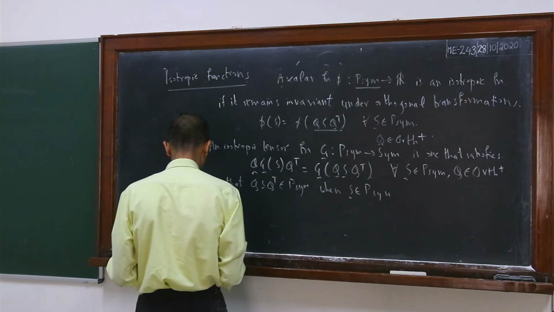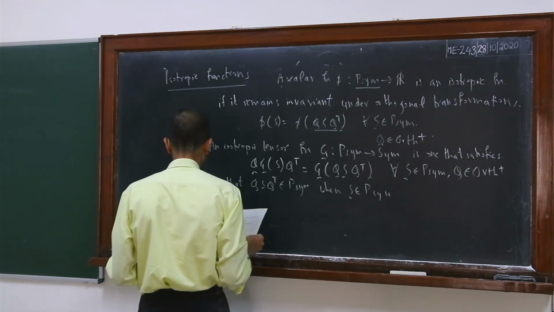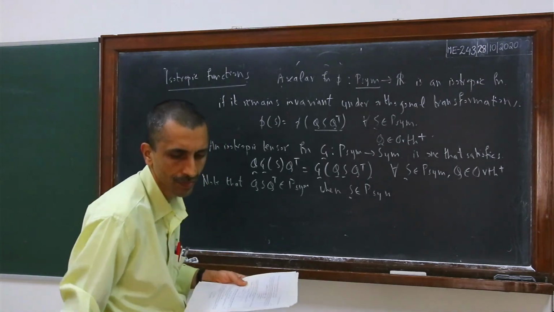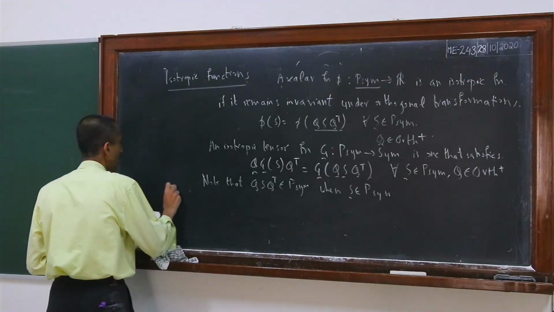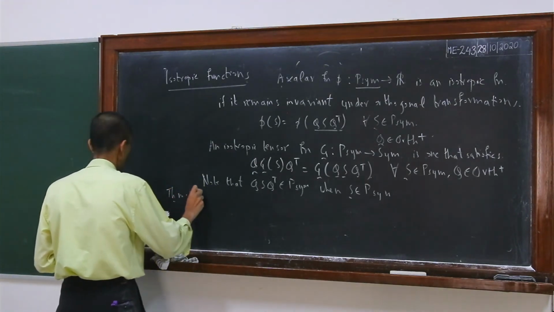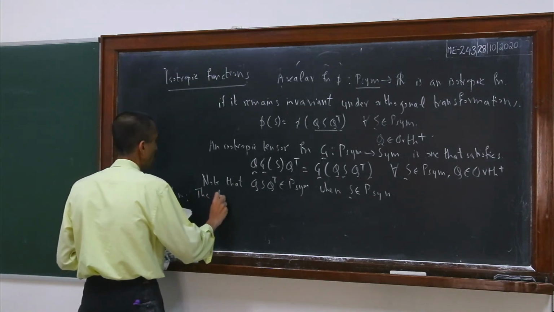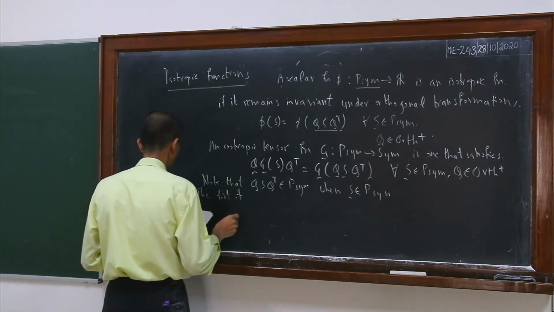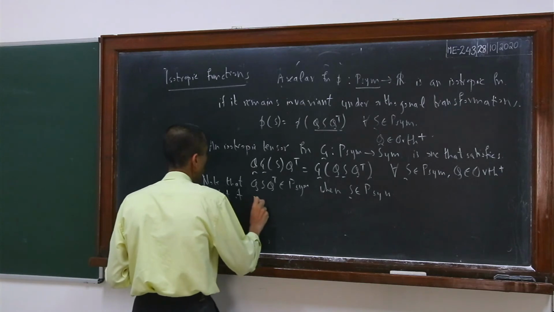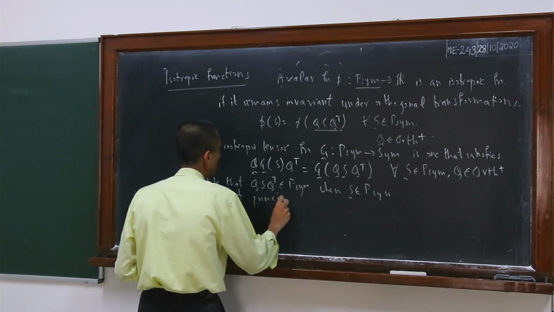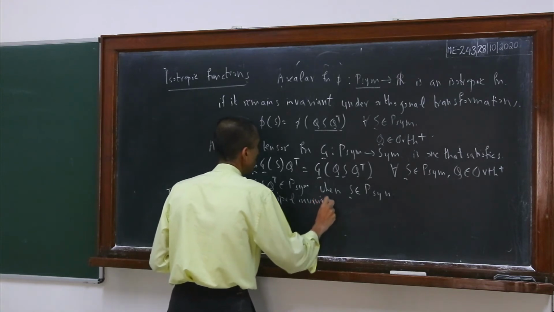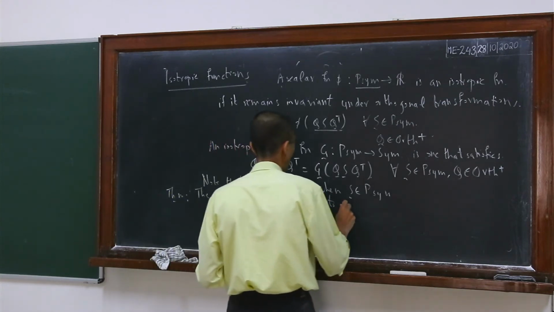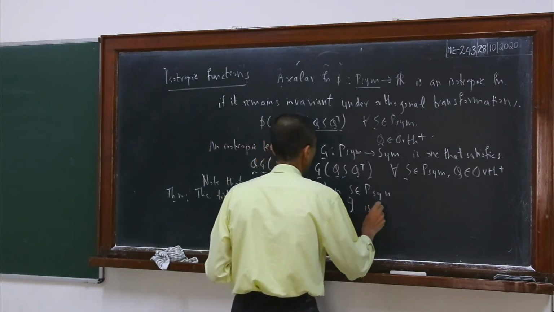Okay, so let us first show that. The theorem: the list of principal invariants I is isotropic.